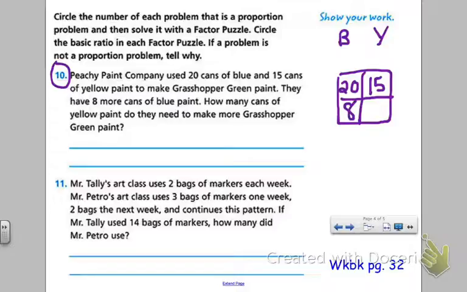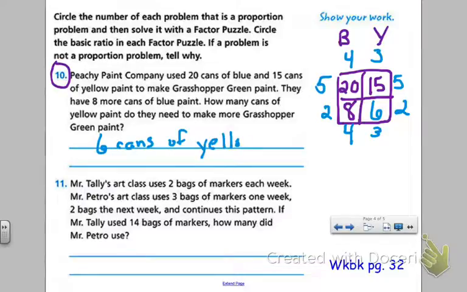So I can solve it. 20 and 15 have 5 in common. 5 times 4 is 20, 2 times 4 is 8, 3 times 5 is 15, and that means the missing number is 6. So they must need 6 cans of yellow paint.